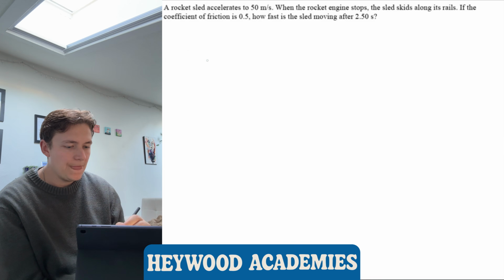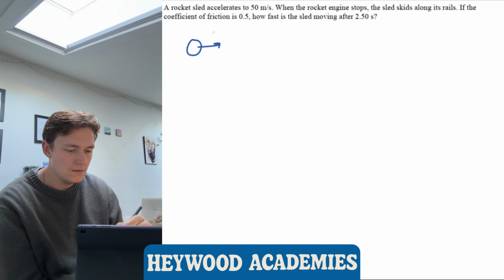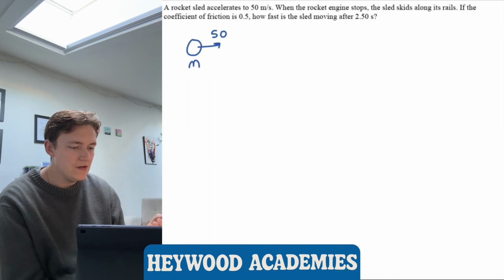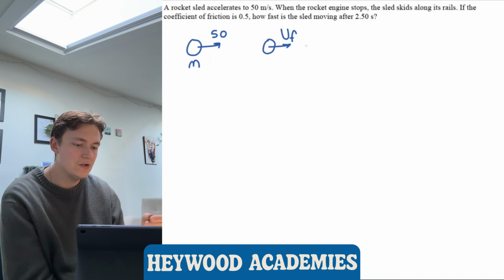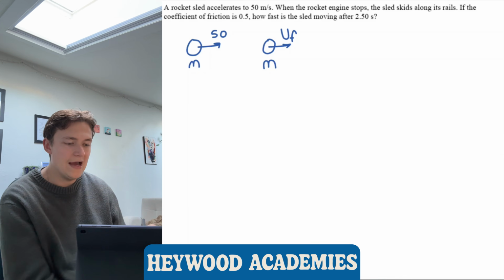So initially we're starting at 50 meters per second, and there's some unknown mass. After a certain amount of time, 2.5 seconds, we're traveling at some unknown final velocity, which we want to solve for, and we also have an unknown mass in that case.